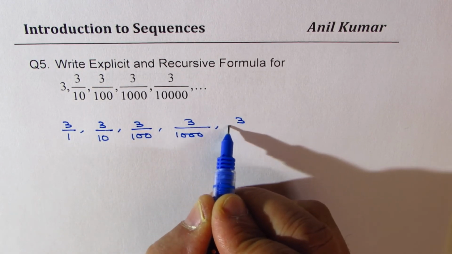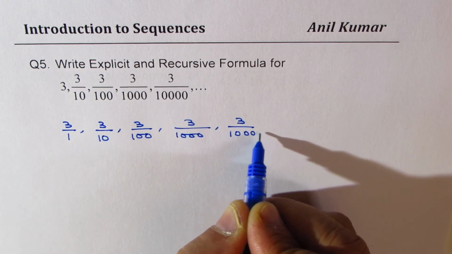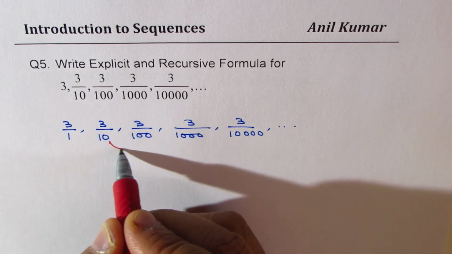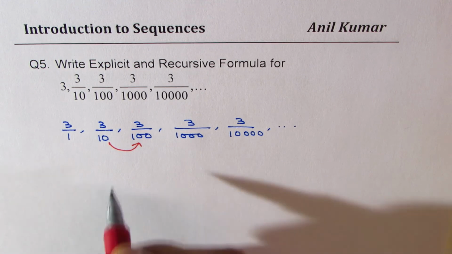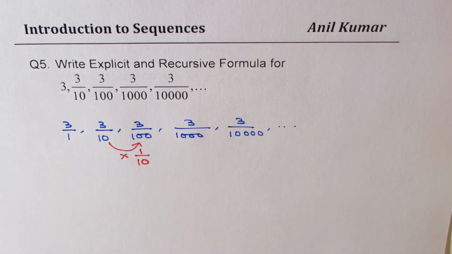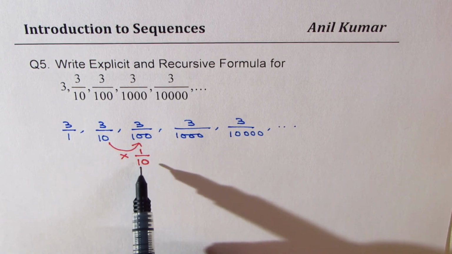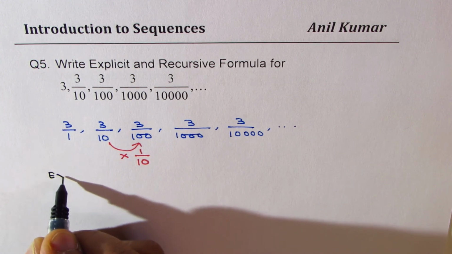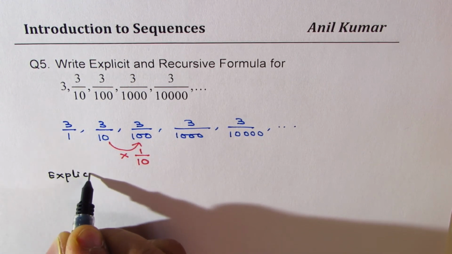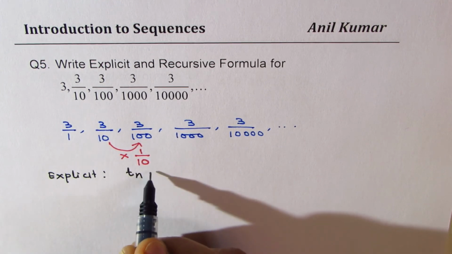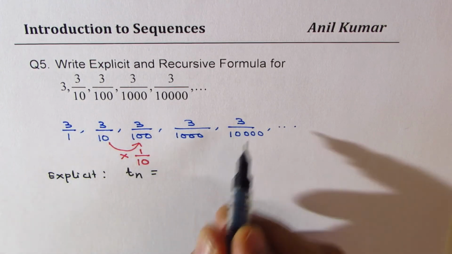10,000. So basically, when you move from one place to the other, you are only multiplying by 1 over 10. So you could write general formula, or the explicit formula, as Tn equals to 3 is constant on the top, right?